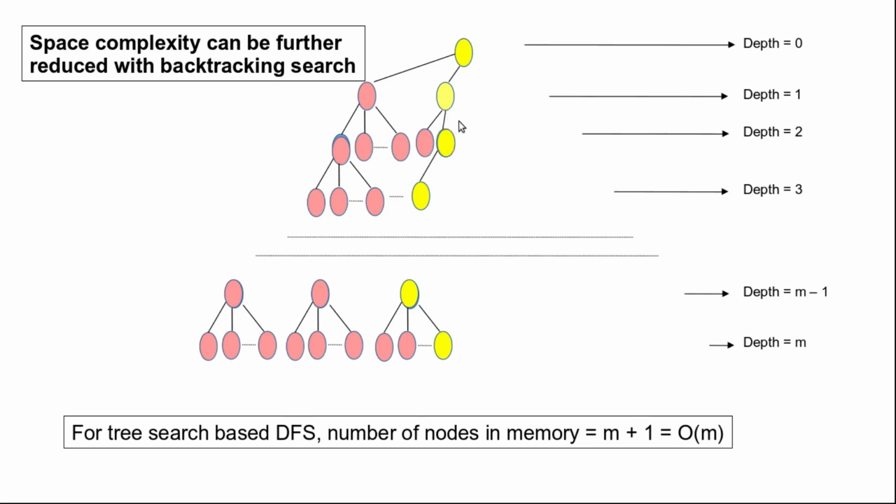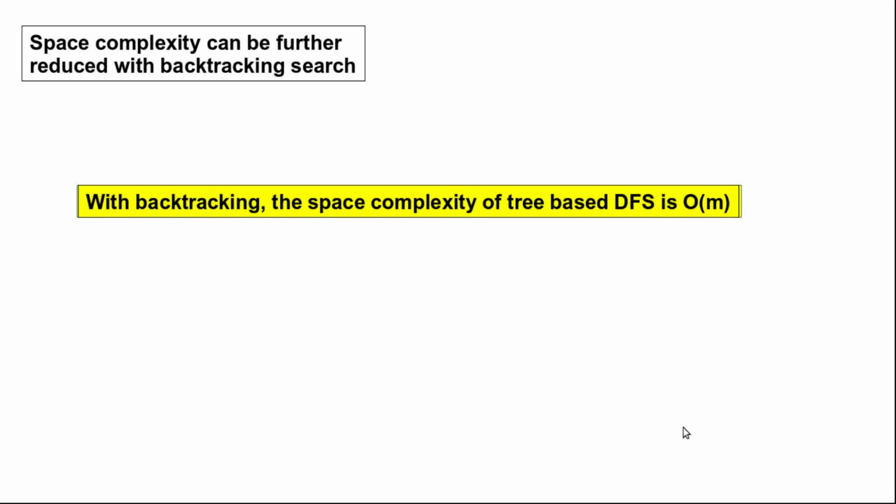The other successor nodes have not been generated because we are using backtracking. Again, in this case also, the maximum number of yellow colored nodes is equal to M plus 1, which is big O of M. Hence, with backtracking, the space complexity of tree-based DFS is big O of M.